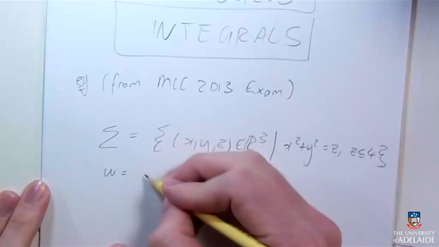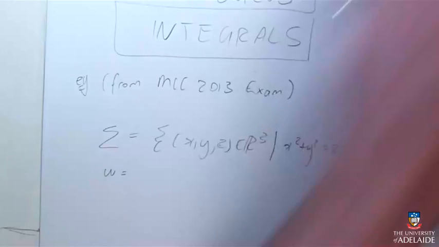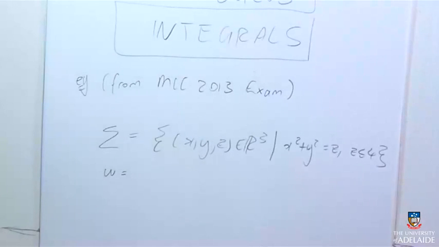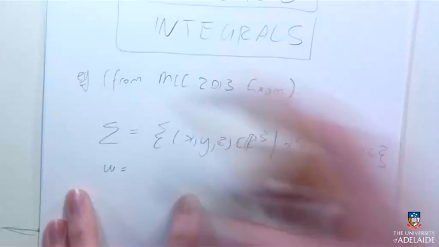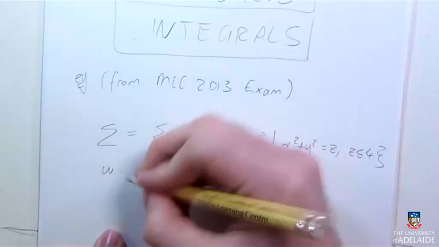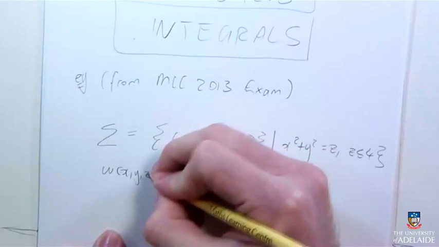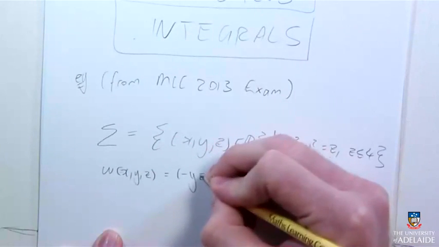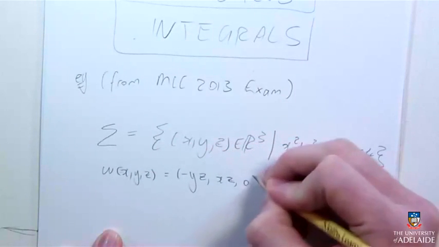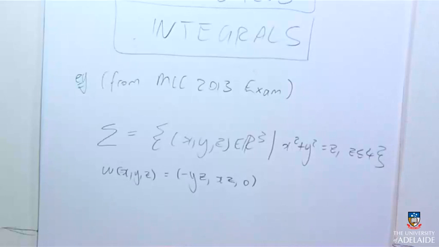Then W, which is a function of x and y and z, is this vector field, and we are going to verify Stokes theorem.